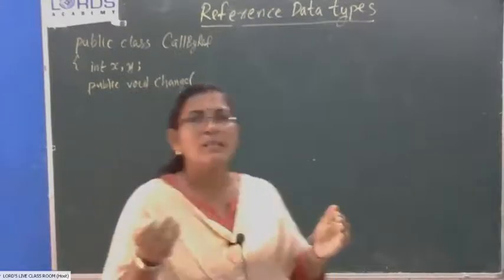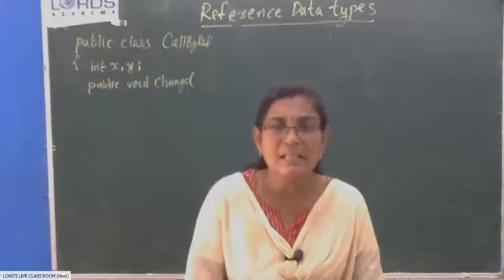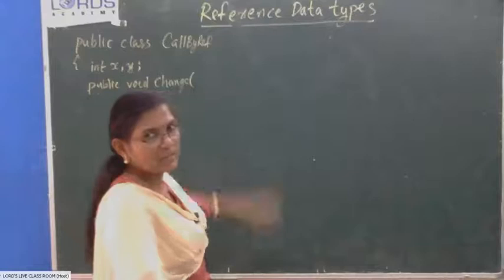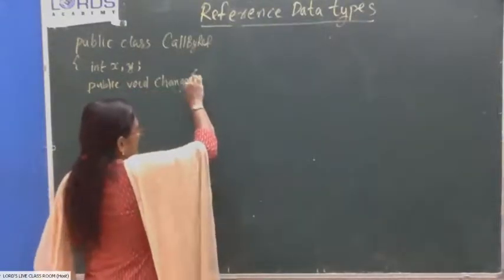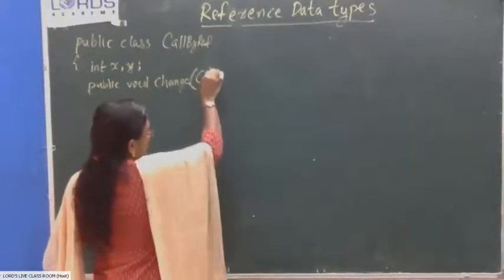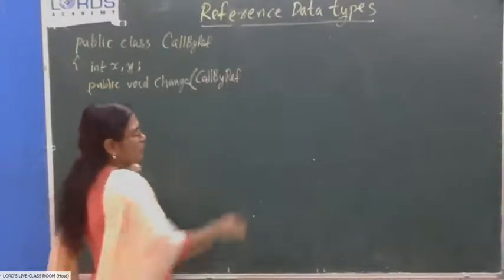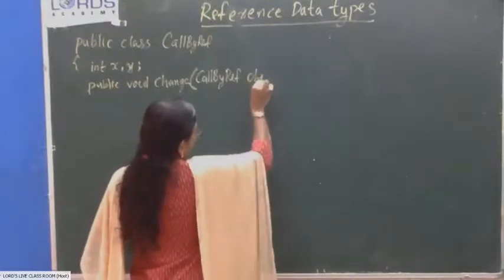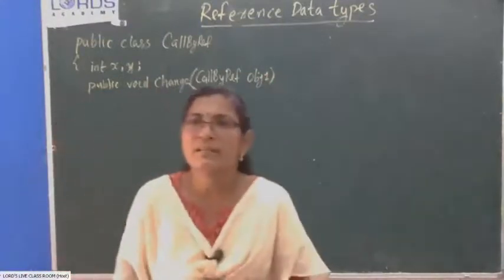To store that passed object's address, I have to declare a variable of that particular class type. I want to pass an object of CallByReference type to this method. So here I am declaring a reference variable or a pointer variable of CallByReference type, say obj1. Here what did I do?